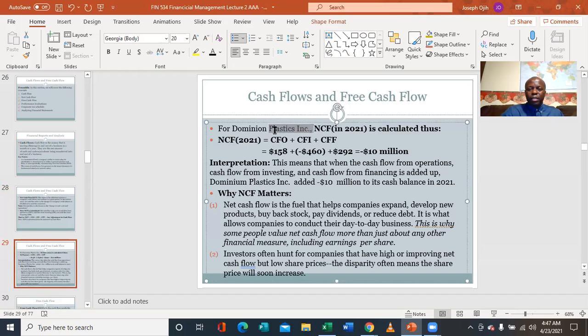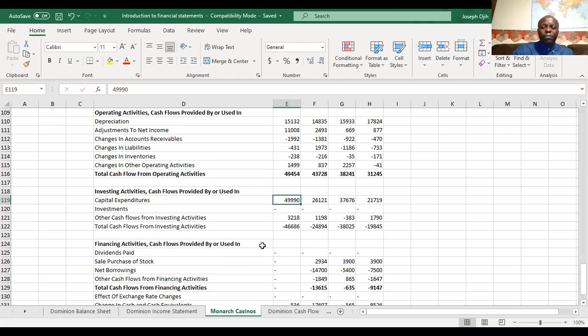You can see right here, Dominion Plastics. So the net cash flow for this company in 2021 is calculated as follows. I will take you to the financial statements of the company. We can have it right here. You get it from the cash flow statement of the company.